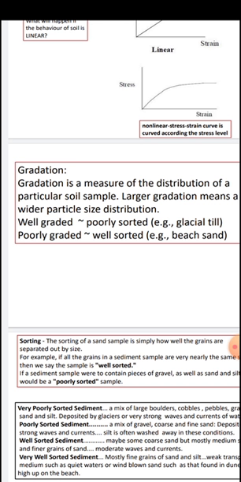Another example of well graded soil is the compacted soil. The more the compaction, the lesser will be the voids, because when we compact a soil, the voids are filled up with the finer particles. There is no more space. The best example is the lining of our roads, lining of our canals.